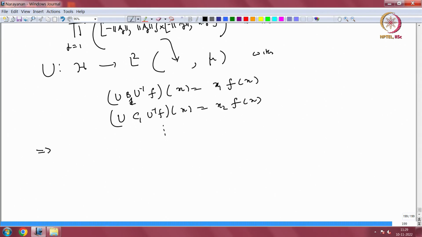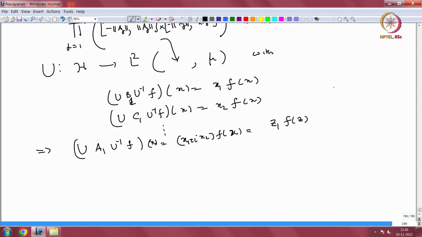Which implies that U A1 U inverse f at x will be x1 plus ix2 times f of x, right. So, after appropriate identification, this will be Z1 times f of z, right.